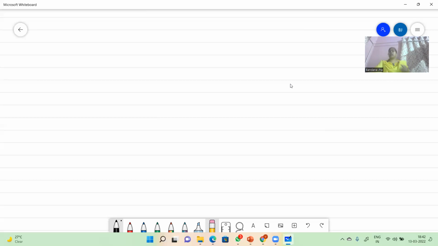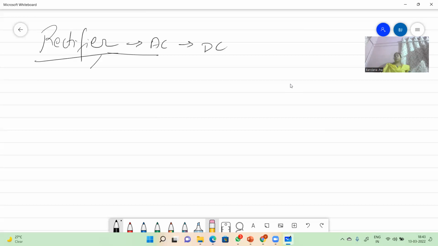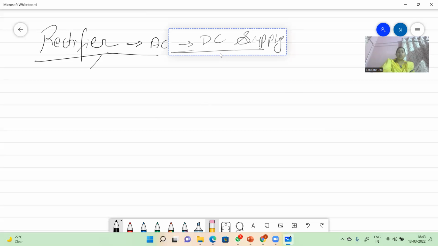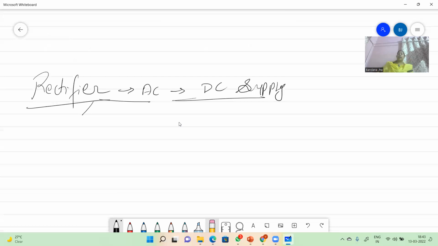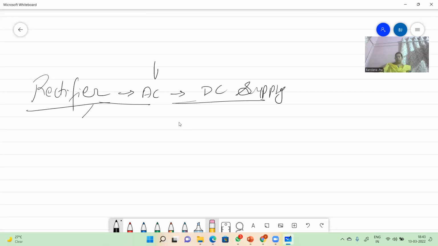Because the main thing is my adapter. So what is rectifier? Rectifier is that device that converts my AC to DC supply. And the conversion of AC to DC supply is known as what? Rectification.